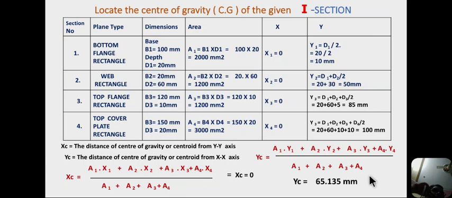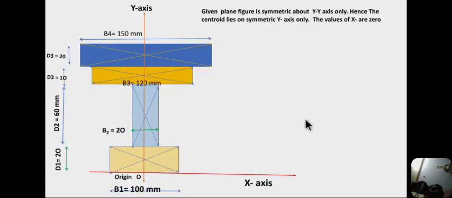Now I am showing the position of the centroid, where C1 is the centroid of the bottom rectangle, C2 is the centroid of the vertical rectangle, C3 is the centroid of the third rectangle, C4 is the centroid of the top rectangle. So C1, C2, C3, C4 are the individual centroids, whereas CG is the centroid of the entire section.